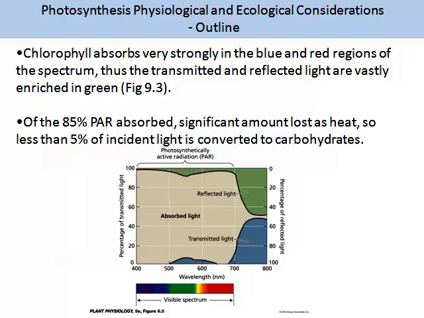Therefore, chlorophyll absorbs very strongly in the blue and the red regions of the spectrum, and thus transmitted and reflected light are vastly enriched in green. You can see a visual representation of this in figure 9.3 on the slide. Of the 85% photosynthetic active radiation absorbed, a significant amount is lost as heat, so less than 5% of the incident light is converted to carbohydrates.